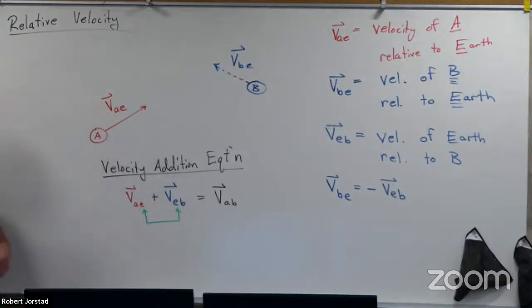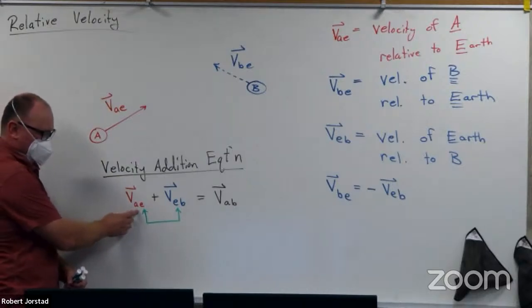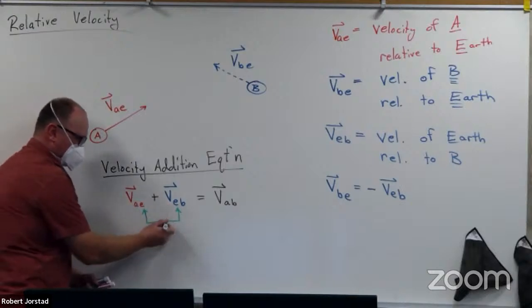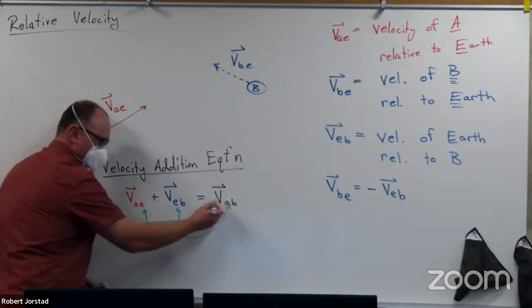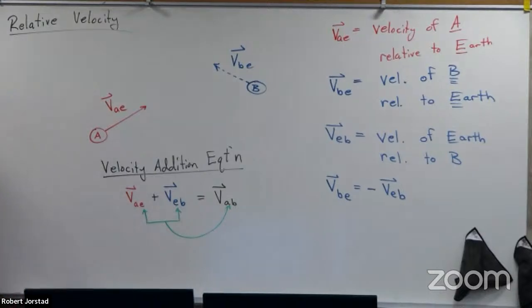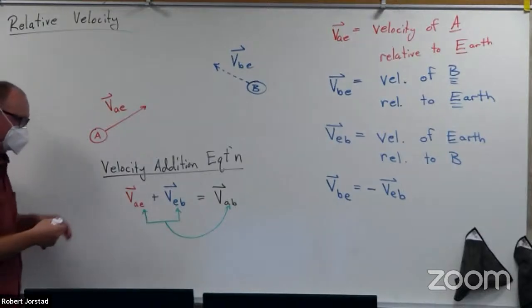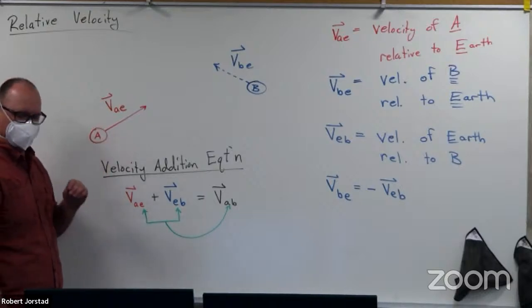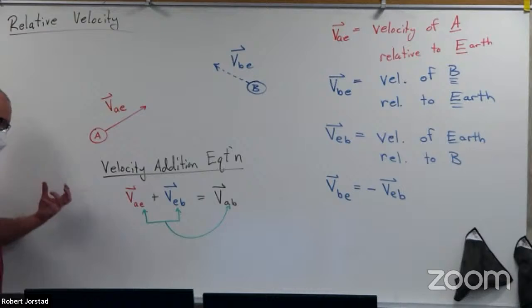Look at this variable E. It comes second in the first term, first in the second term, and it gets squeezed out over here. See how it's not there anymore? This is how I remember to do it. You can do anything you want that works for you. There's many other ways to do this equation. But for me, this helps me see it.